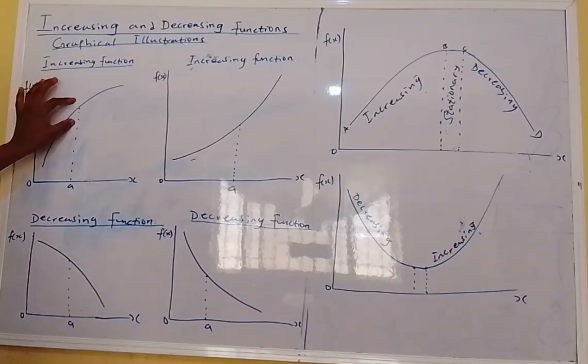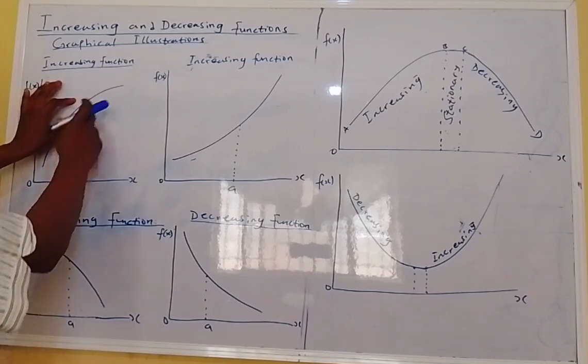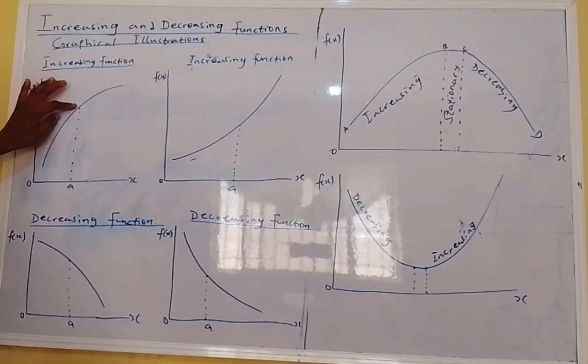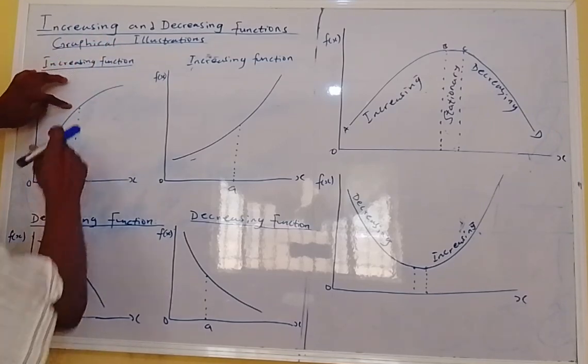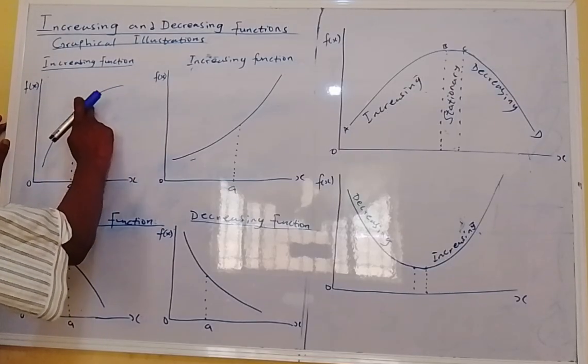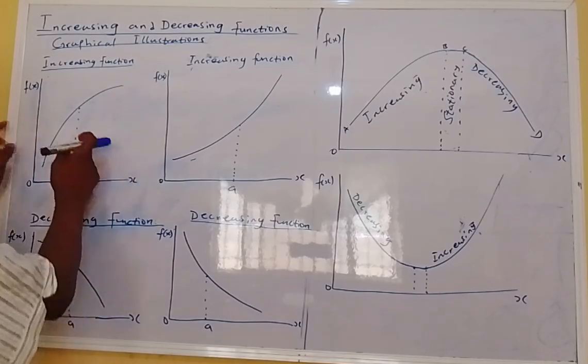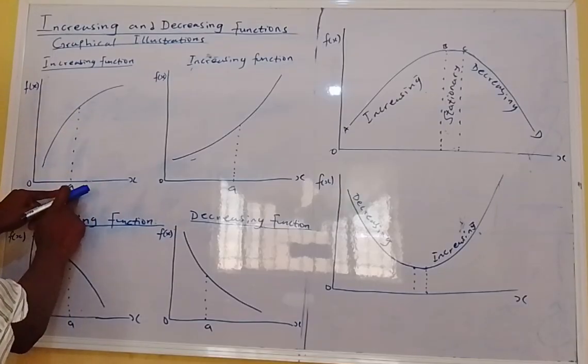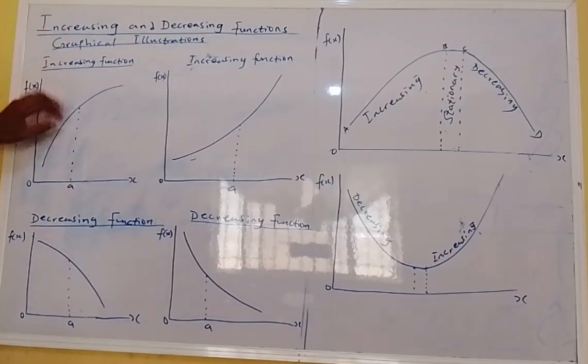This is my left, and this is right. If I move from this left to the right, you will see that this graph is still rising. Because this graph is still rising within the vicinity of x equals a, we say this function is an increasing function. In other words, this graph represents an increasing function.